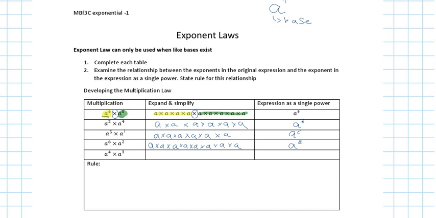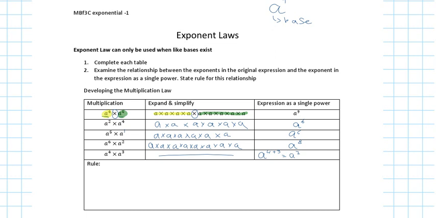Okay? So instead of writing it all in expanded format, it ends up being keeping the base the same and adding my exponents. So I have, in this case, 4 plus 3, which is 7. Even if you do it in the expanded format, you're going to get the same answer.